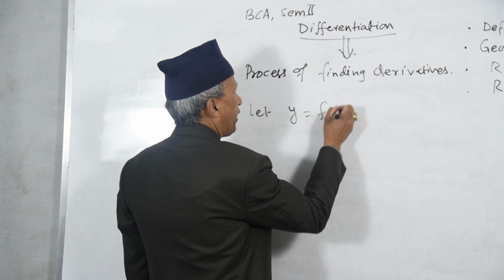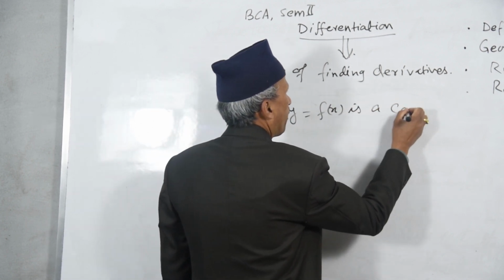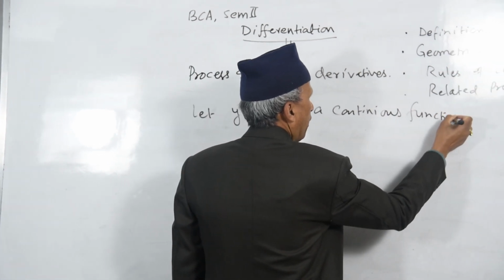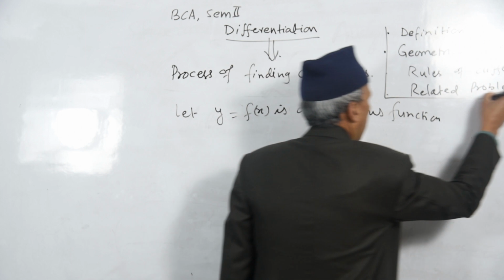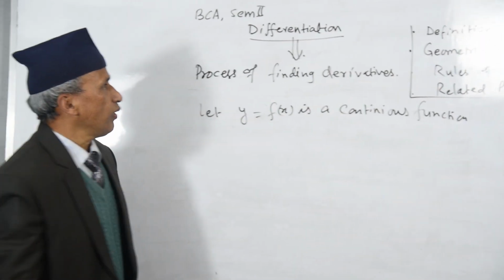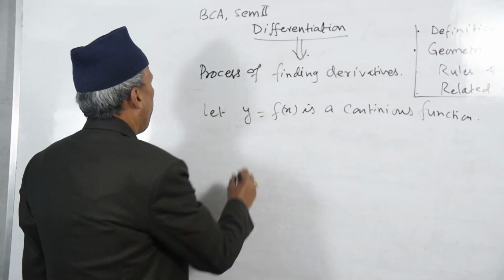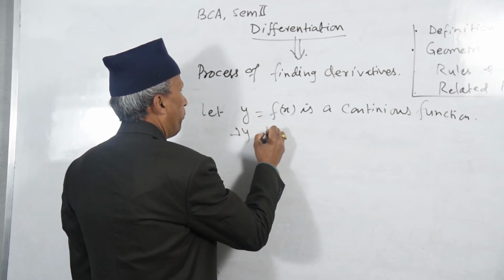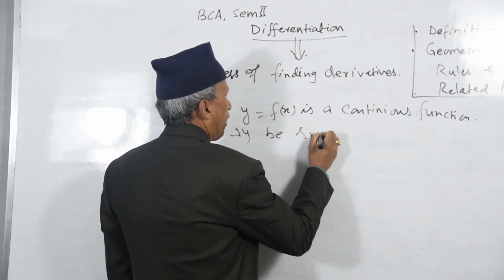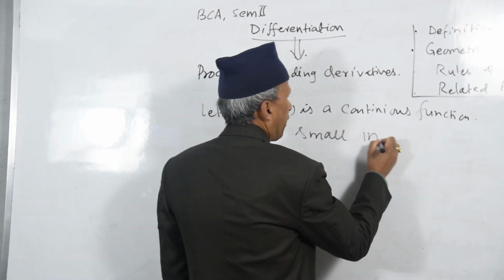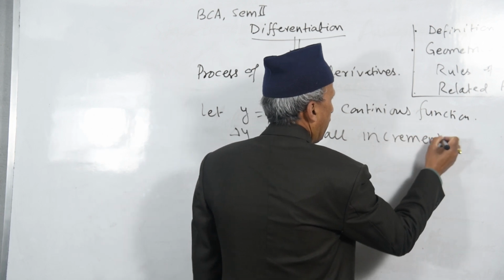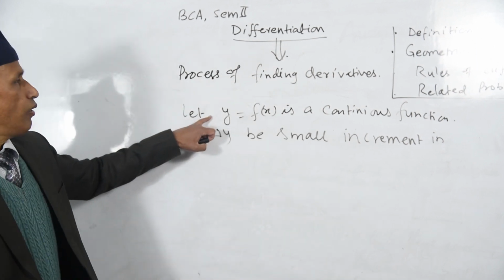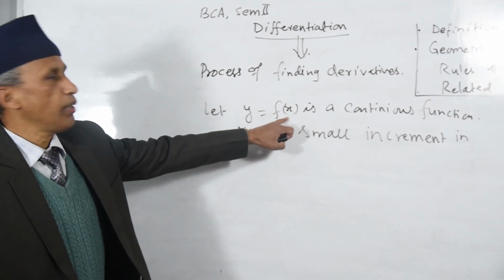Let delta y be a small increment in y, where y is the dependent variable and x is the independent variable.